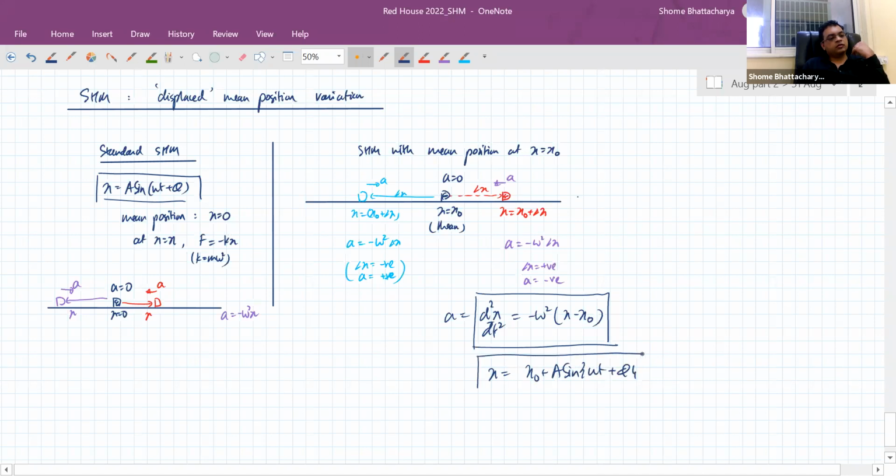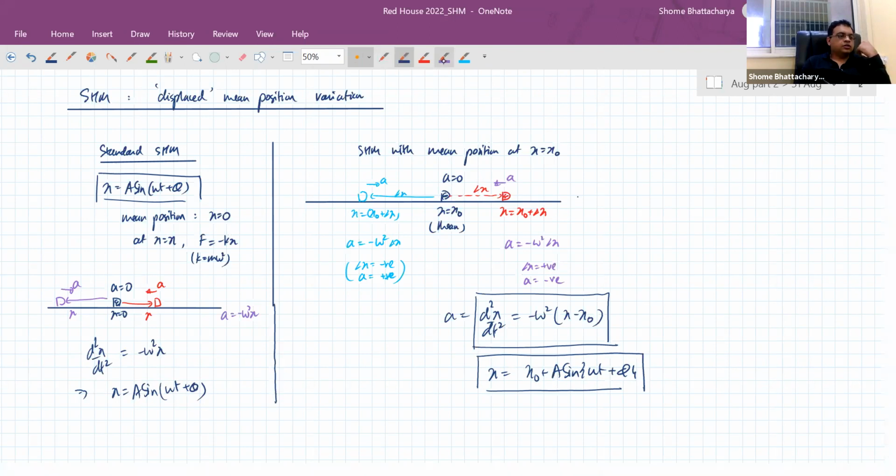Okay. Whereas here, what is happening is that d2x by dt square is minus omega square x. So x becomes a sine omega t plus phi. Okay. So I'll very quickly take you through this derivation from this step to this step also, but just make a note of this also first.